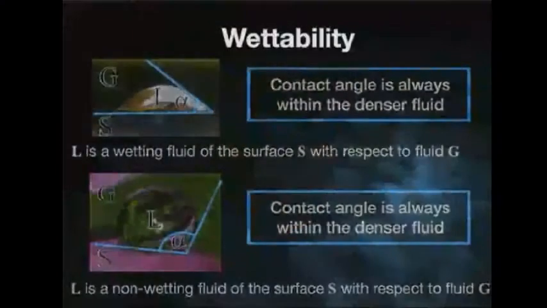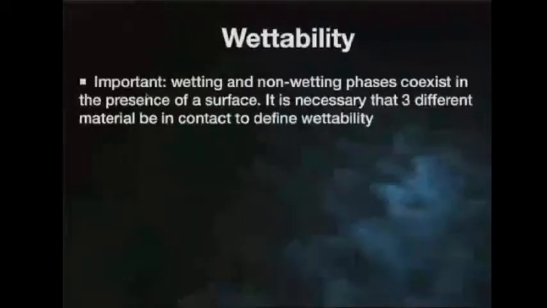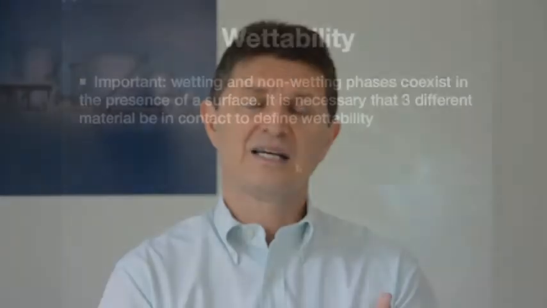This sentence is very important, and you have to see, as it's written here, that a wetting and a non-wetting phase will coexist. If one fluid is wetting, the other has to be non-wetting. Let's say water and air. If water is wetting of a given surface with respect to air, then air is non-wetting of the same surface with respect to water.